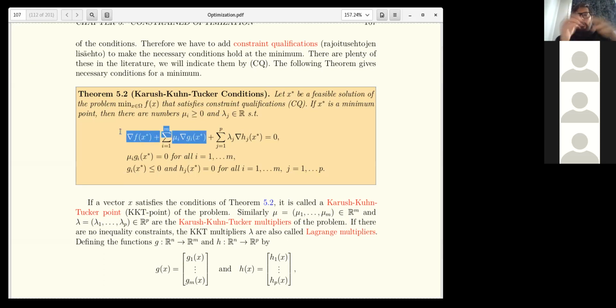Obviously, we can have several different constraint functions, and maybe they intersect at that point. So the gradients of G1 and G2 may point like this, and the gradient of f must point somewhere inside the region so that we can decrease the function only by going outside of the region. That's the interpretation of this part.